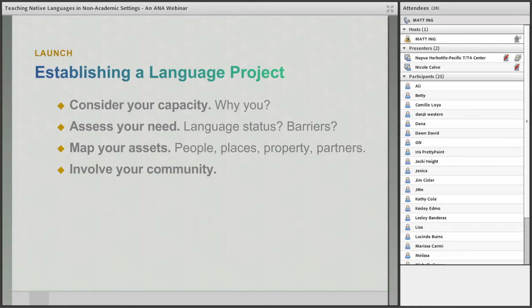You also need to map your assets. Look at the people, the places, the property, and partners. Of course, people are essential as far as this is concerned. And it would be very, very important to have a really good assessment of these people and the working relationship with the organization, as well as the working relationship with each other.